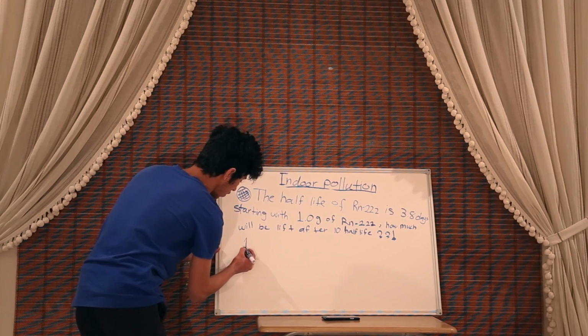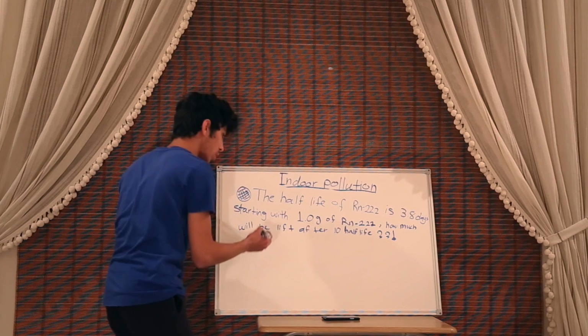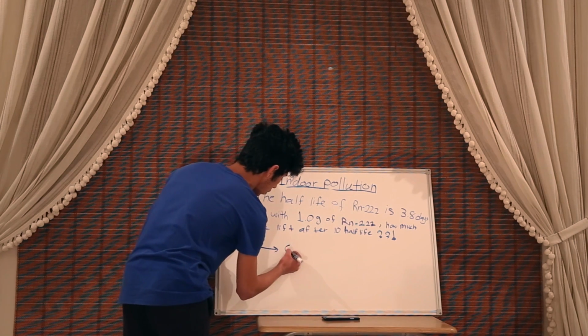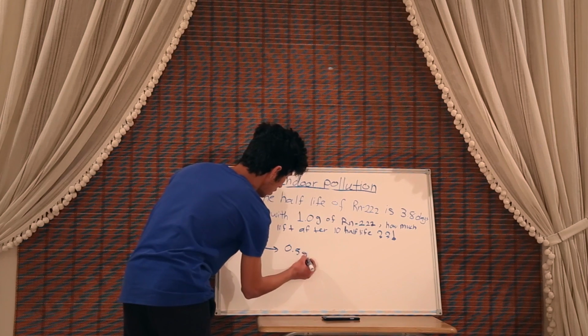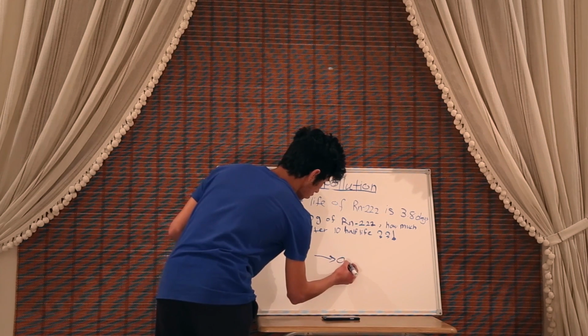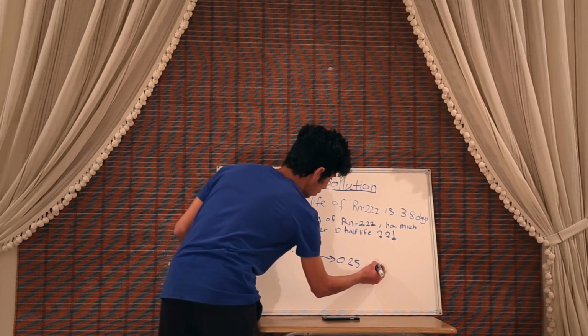For the first half-life it's 1 gram. After one half-life it will be half of the one, which is half a gram. After 2 half-lives it will be a quarter, and so on.